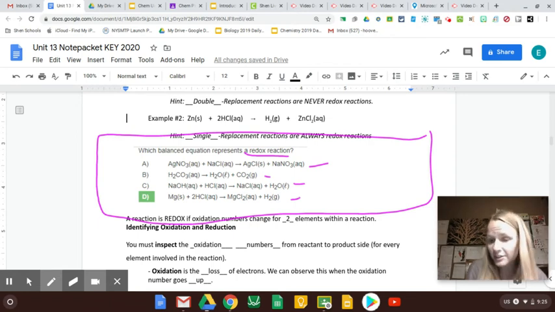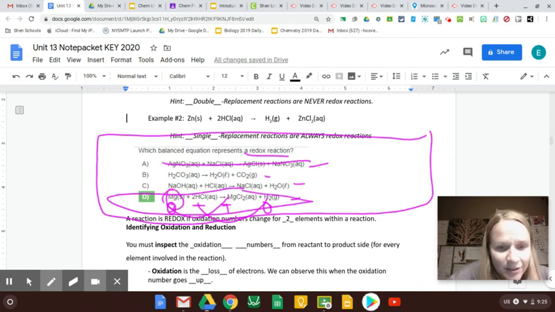So what I do is I take a shortcut and I go, oh, well, all single replacement reactions are always redox because you always have a single guy who's a 0 who's now in a couple with a new charge, and you had someone who's in a couple who's now a 0. So somebody's charge went up and somebody's charge went down. So what I do for these is I just start looking for a single guy, a single replacement. And I'm like, no, these are all partners. These all have partners.